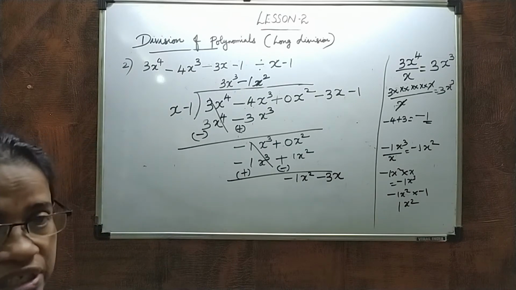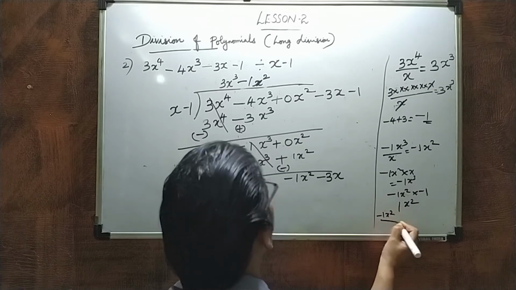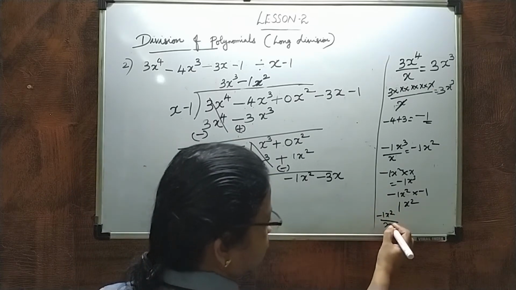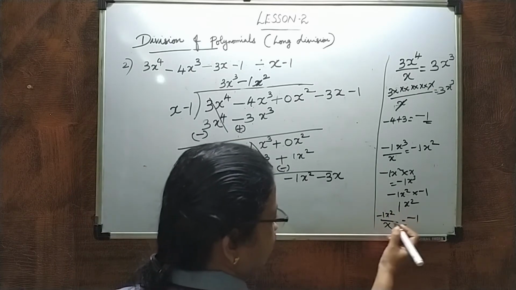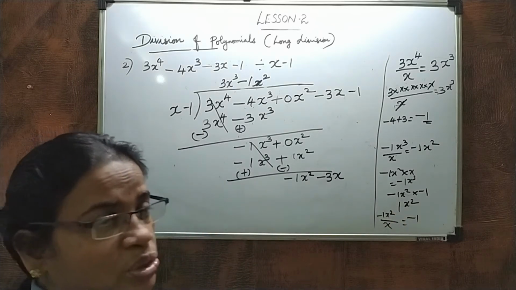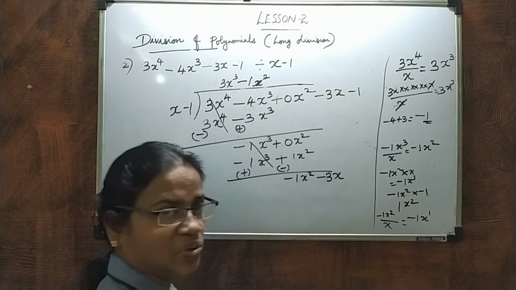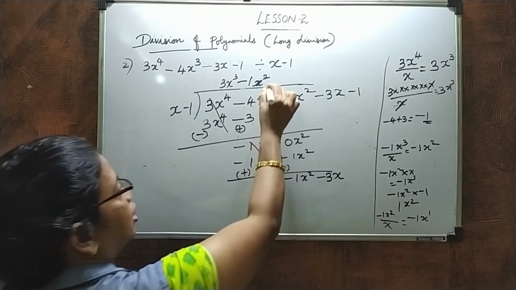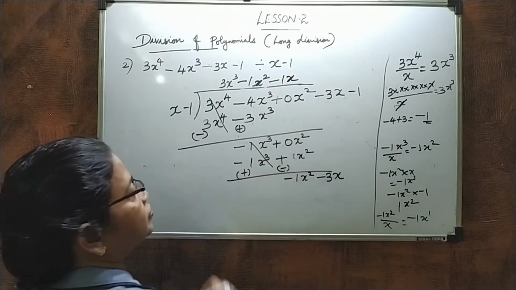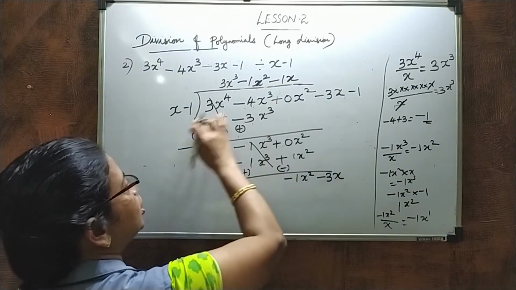After taking down, the same procedure you have to start. Negative 1x square divided by x. Here it is negative 1. A raised to m divided by a raised to n is equal to a raised to m minus n. 2 minus 1, it is 1. It will be negative 1x. Then multiply negative 1x into x.